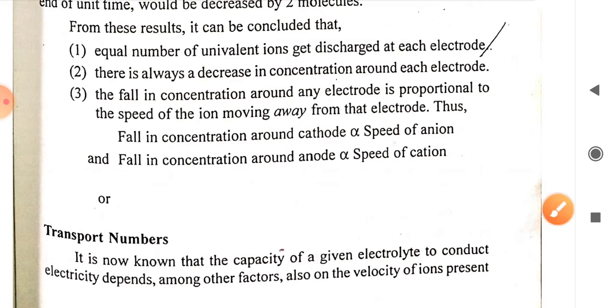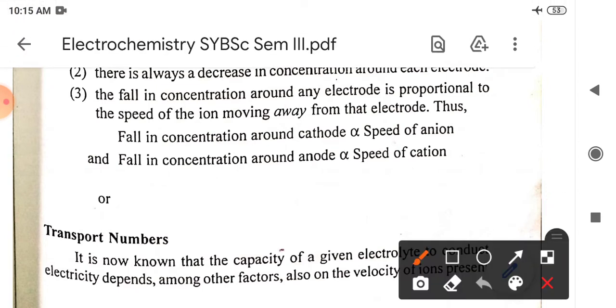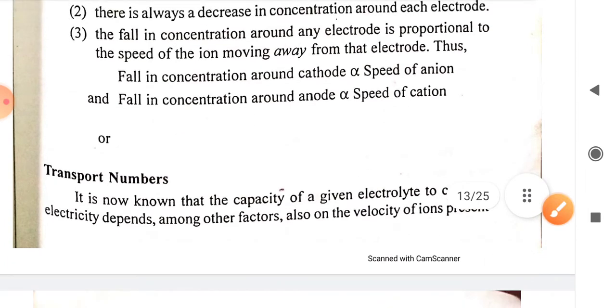The total current of the system can be calculated by using the speed or velocity of ions, and we can say indirectly that the total current depends upon the transport number, because the transport number incorporates all these terms, that is speed, velocity, number of ions, then charges of ions. So we have introduced this common term, the transport number.